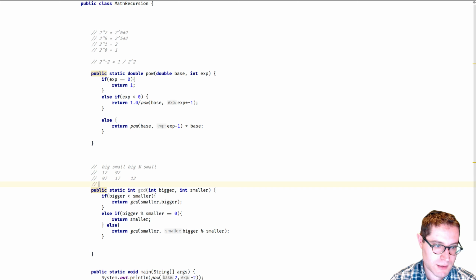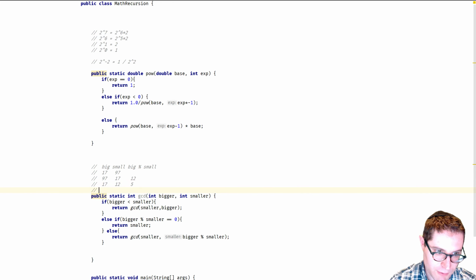Okay. Now we have 17. So now we're going down. 17, 12 was 17 mod 12, which is 5. And now we have 12, 5. 5 does not go into 12.